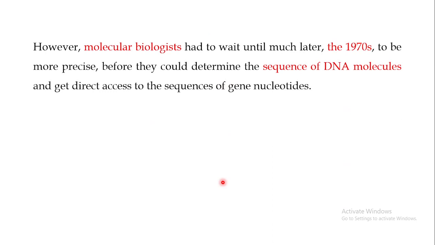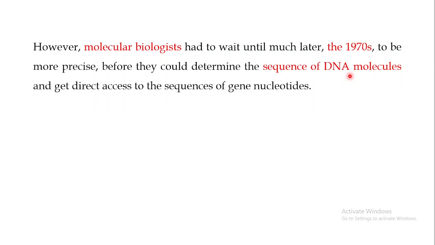So the 3D structure of the protein, as I've told you in my previous videos, was determined after the sequence of the amino acids was found in 1951, and then Kendrew and Perutz identified the 3D structure of the proteins. However, the molecular biologists had to wait until much later, the 1970s to be more precise, before they could determine the sequence of the DNA molecule and get direct access to the sequences of the gene nucleotides.